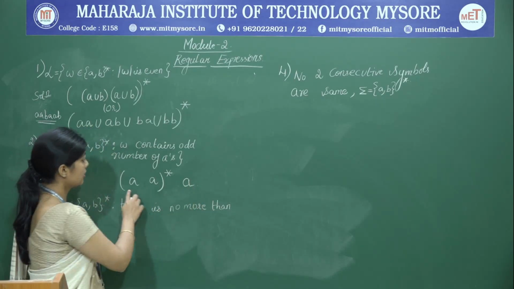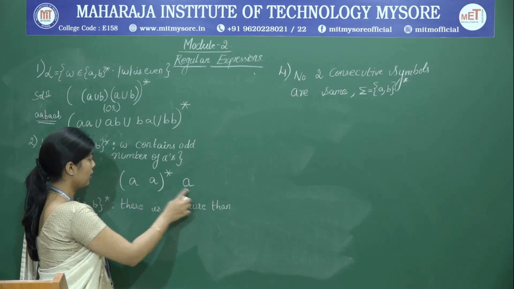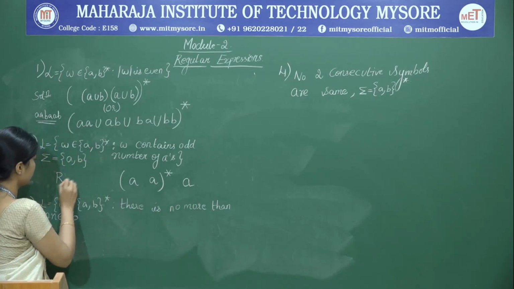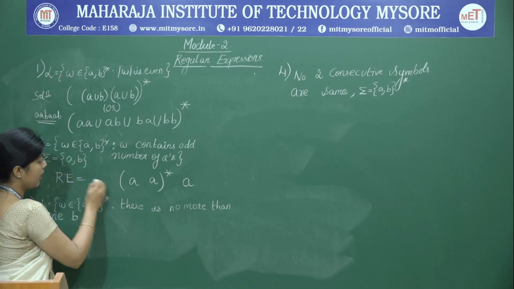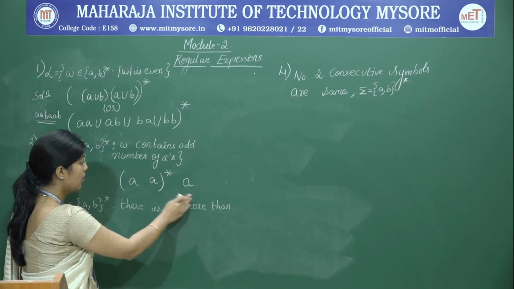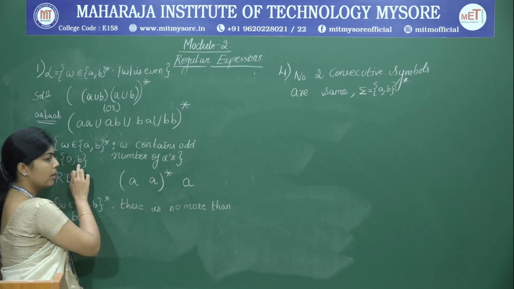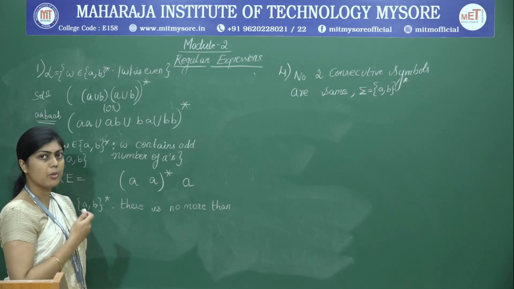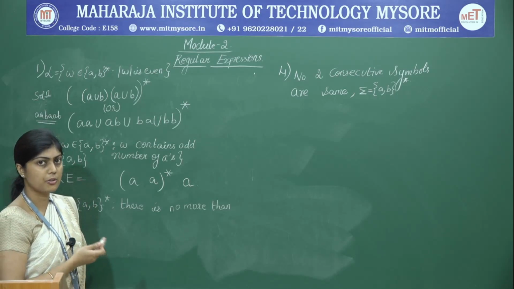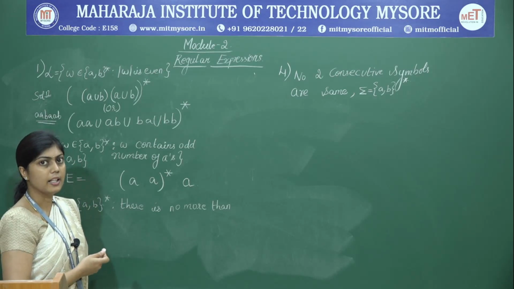So, this is a skeleton where the string that we are going to form, that is a regular expression, will always have an odd number of A's. Now, the string is also made up of B's. So, there has to be a possibility to include B's in the string in any number and in any order.